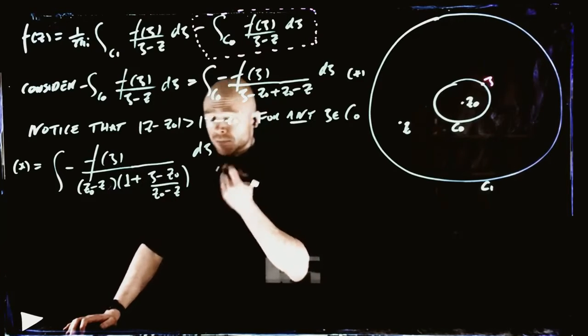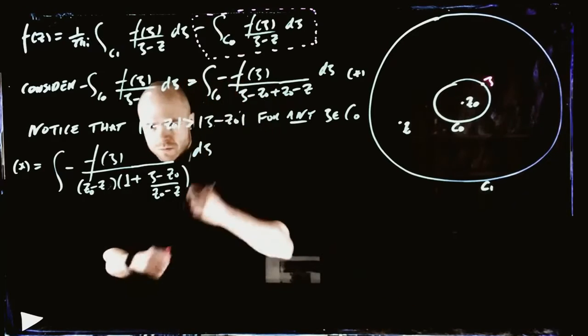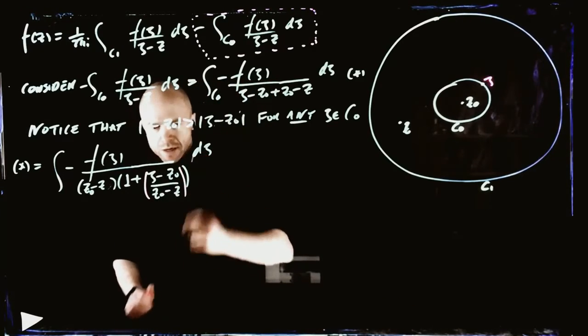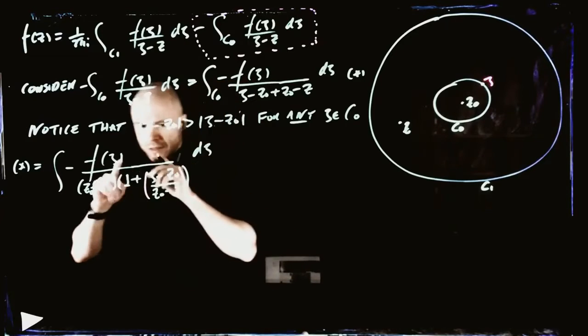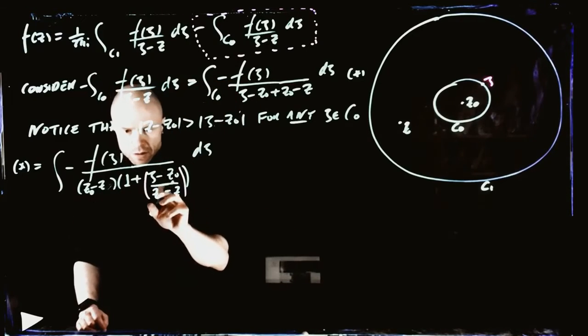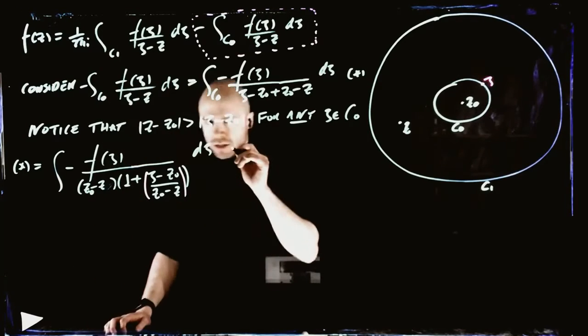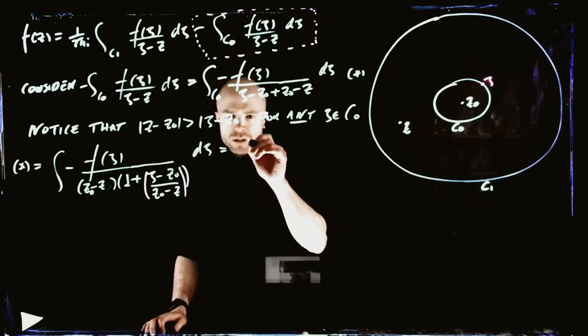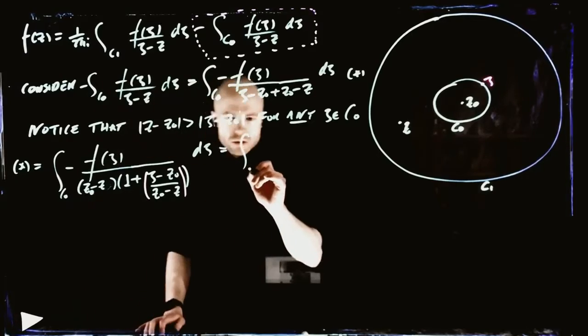Cool. All right. So this thing is strictly less than 1. So again, we expand it as a geometric series. But before we do this, we want to make it neater, because we want to flip this around, so to make it a minus sign. And let's also flip this thing around so that we have z minus z0. So let's do that first before we do the expansion. And I should say we're integrating around z0.